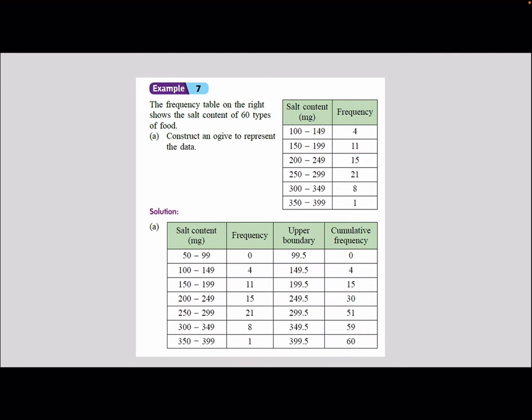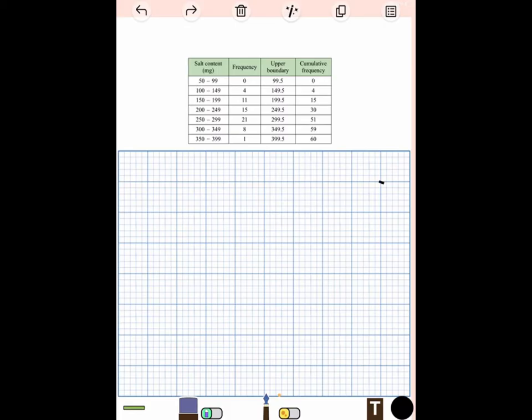And there is one extra class interval adapted into the first row of the frequency table, which is 50 to 99. This is important for us in order to draw a perfect ogive.